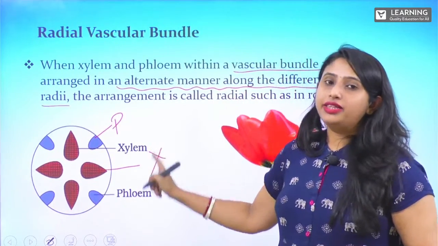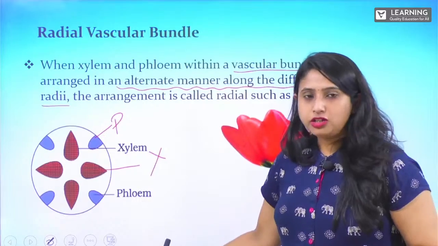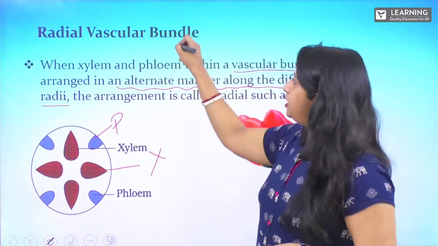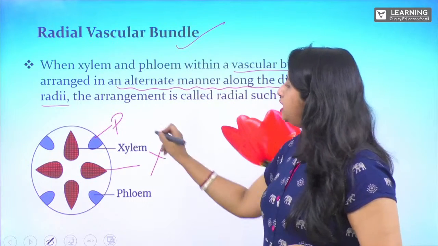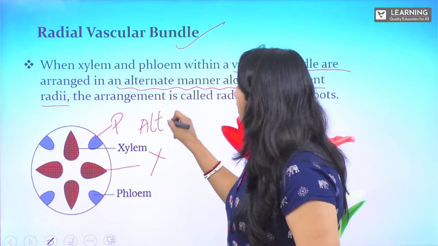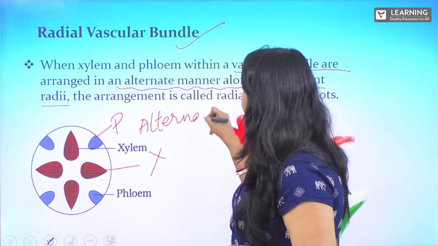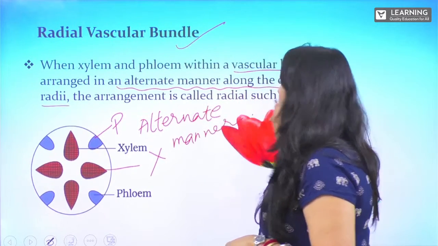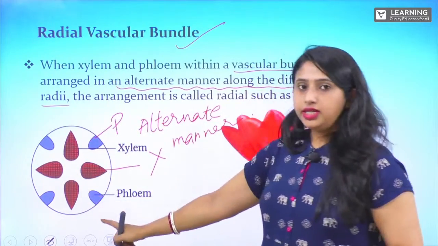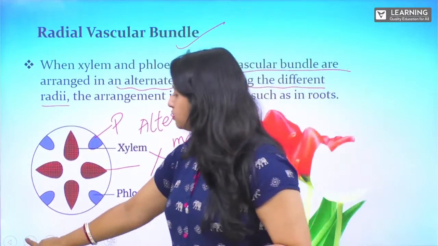That type of arrangement of vascular bundle is known as your radial vascular bundle. See here, they are arranged in an alternate manner along different radii.